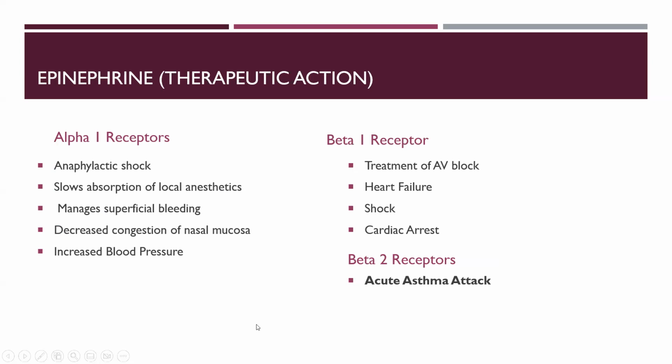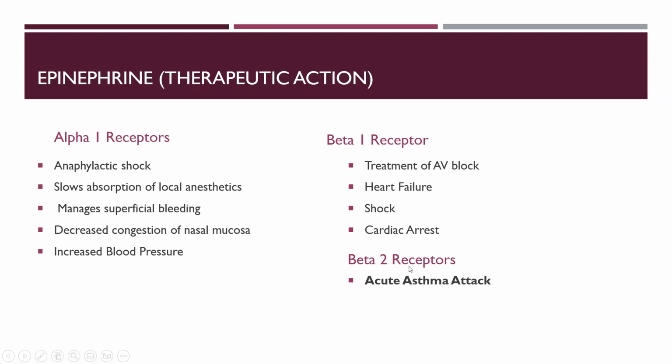You can also manage superficial bleeding with it, decrease congestion of nasal mucosa, increase blood pressure. Our beta-1 receptors are treatment of our AV block, heart failure, shock, and cardiac arrest. So this is our ACLS go-to with epinephrine.